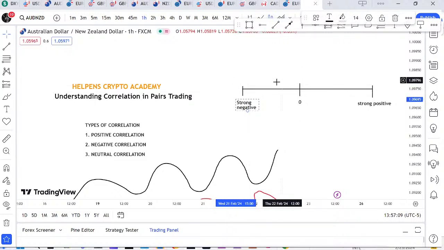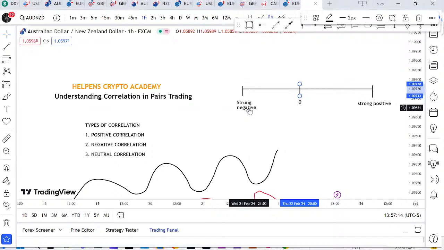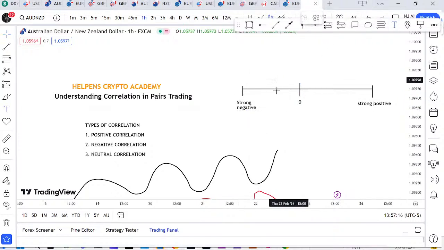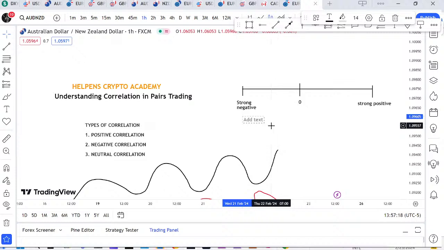So at this side of the scale is a strong negative correlation, which is minus one.